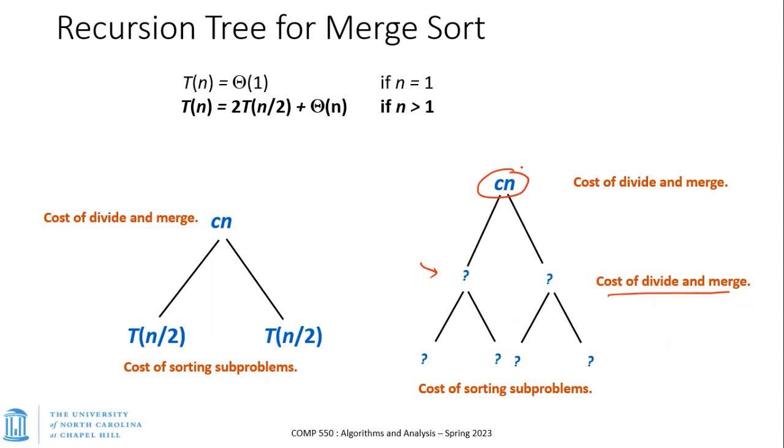How much time is it going to take to divide and merge half of Cn? Just the divide and merge part. That should also take, no, I'm just looking at one part. So this should be Cn/2, and this should also be Cn/2.